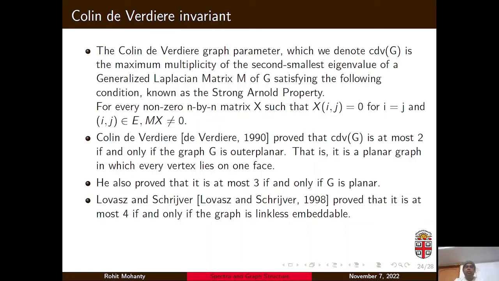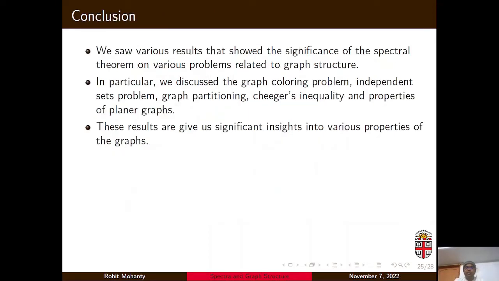Now we come to the end of my part of the presentation, and I would like to conclude by saying that we saw various results that showed the significance of spectral graph theory on various problems related to graph structure. In particular, we discussed the impact of spectral graph theory on the graph coloring problem, independent sets problem, graph partitioning, and Cheeger's inequality.